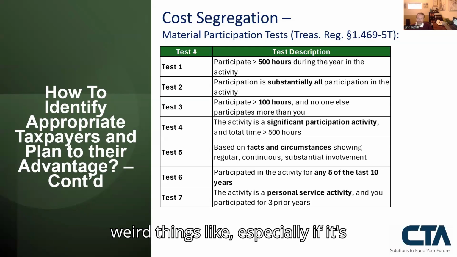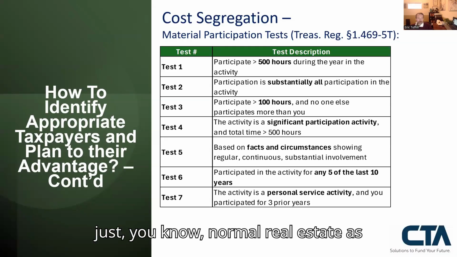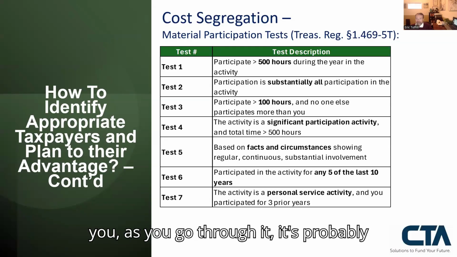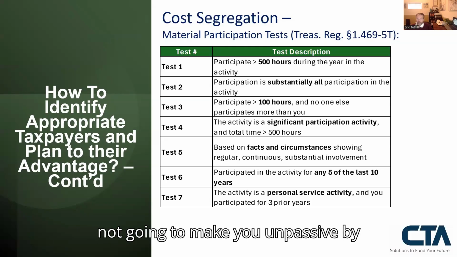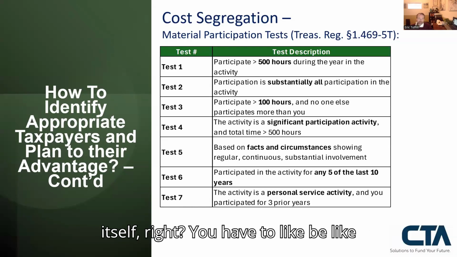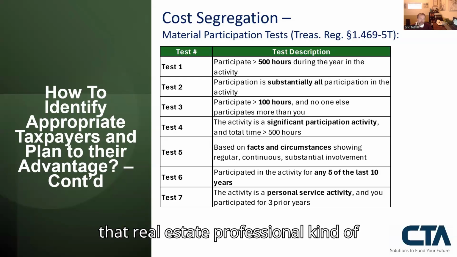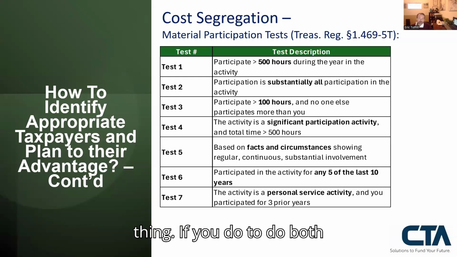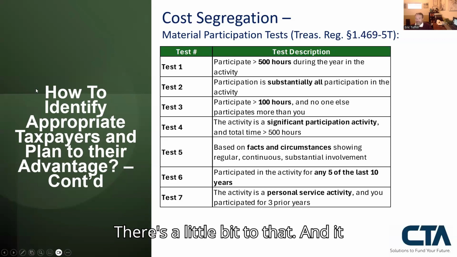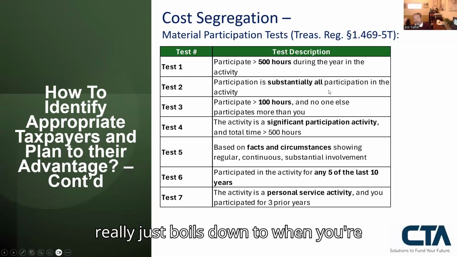It's one of those weird things, especially if it's just normal real estate. It's probably not going to make you non-passive by itself, right? You have to be that real estate professional, and do both things, right?